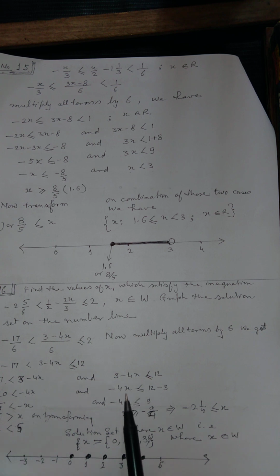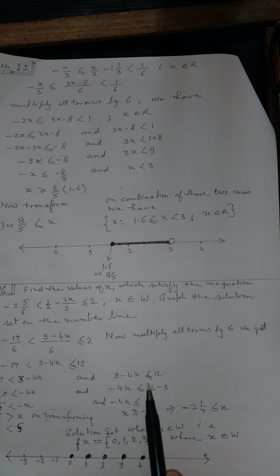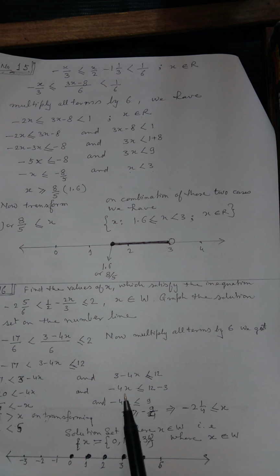In the second part you come, 3 minus 4x is less than or equal to 12. So minus 4x will be less than or equal to 12 minus 3. That will be minus 4x less than or equal to 9.